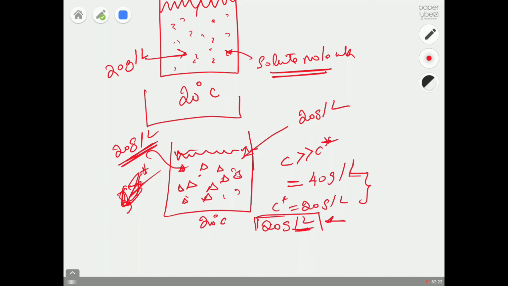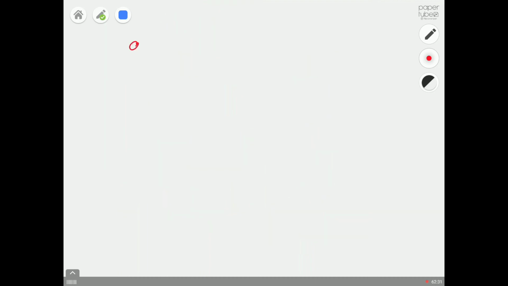And then I want to show you something that you have to imagine at a molecular level. Let's see this very quickly. Just assume this is your solution.